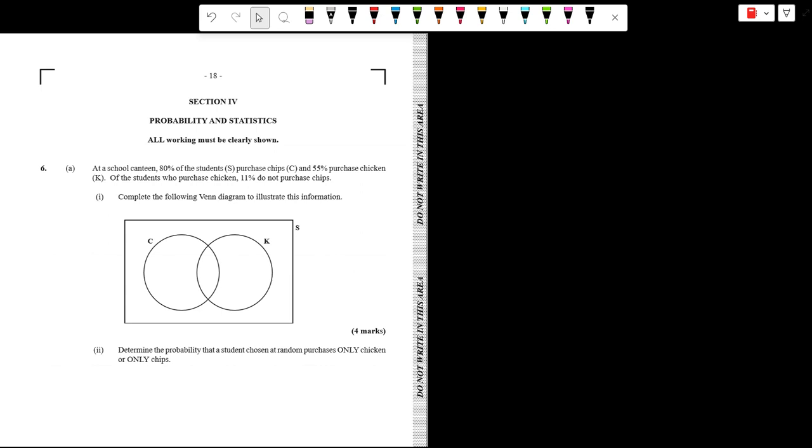This is what this signifies. So this signifies the probability of A occurring given that B has already occurred. And this, of course, is what we refer to as a conditional probability.